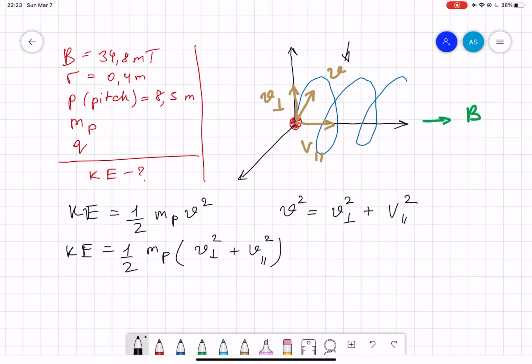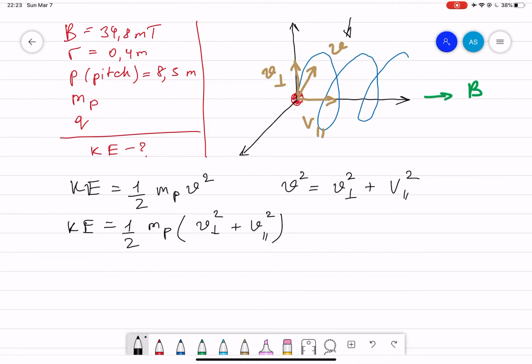Okay, then how can we find v perpendicular and v parallel? Since we know that it's going spiral, first of all we have to find v perpendicular and also v parallel.